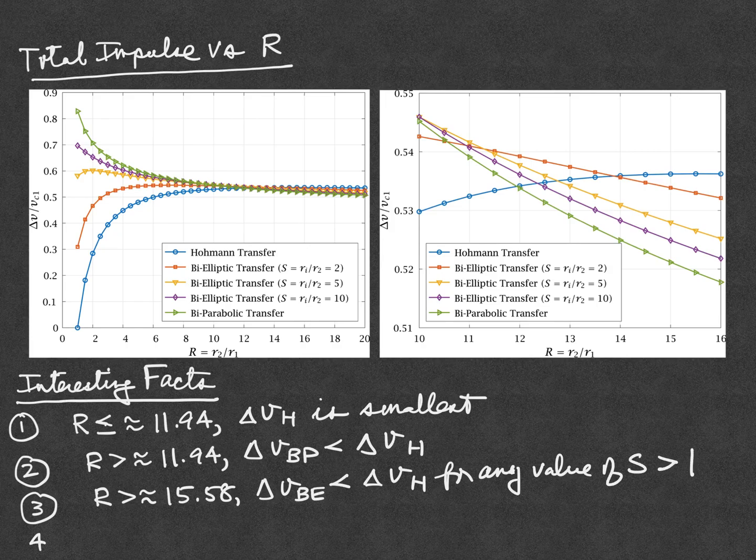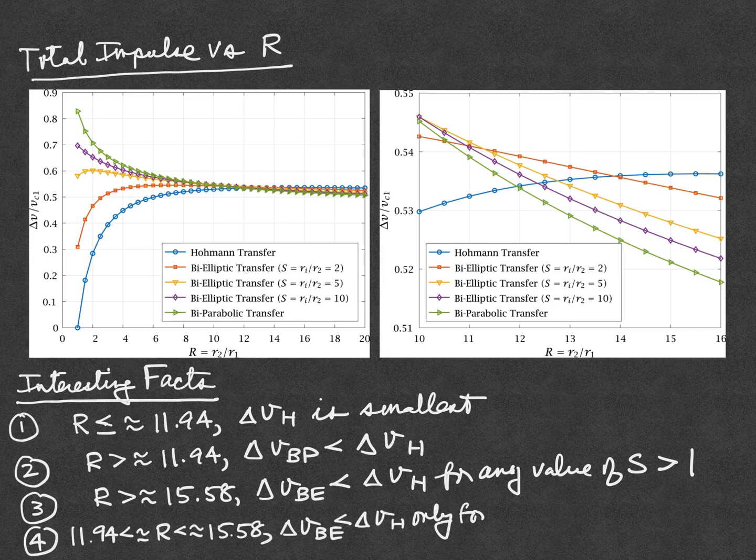And finally, for R between approximately 11.94 and 15.58, the bielliptic transfer has a lower delta V than the Hohmann transfer only for sufficiently large values of S.